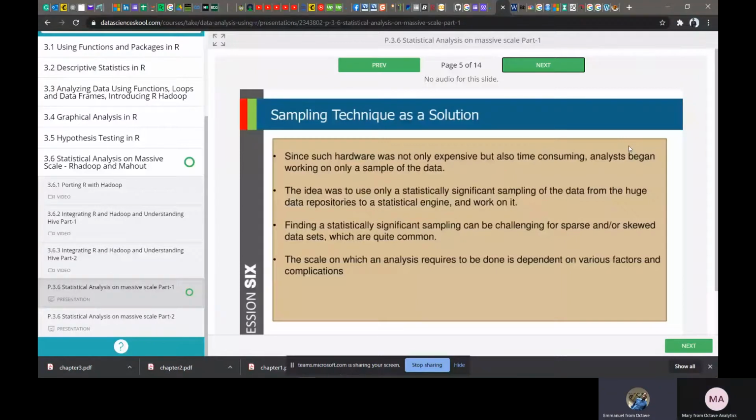So to get a sample out of the population that can be a true representative of the population is very difficult. The scale at which analysis requires to be done is dependent on various factors and computation.